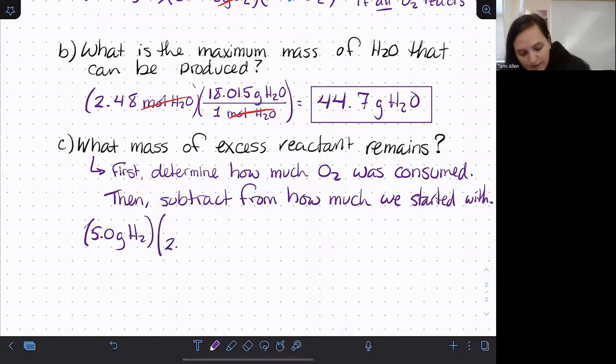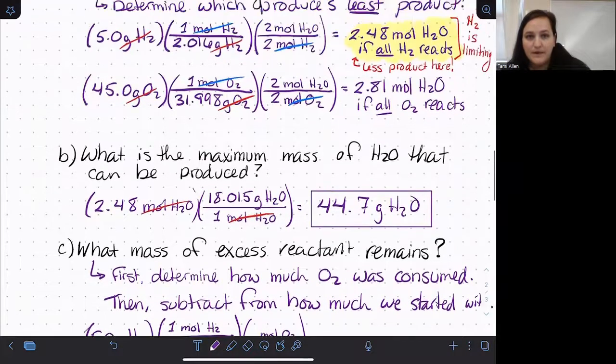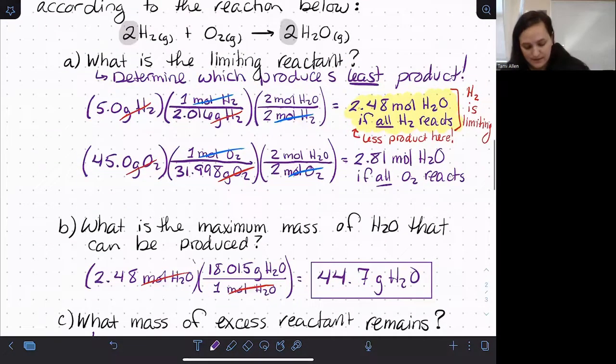And we're looking to find how much O2 is needed to react with that. So first thing, as always, is convert to moles using the molar mass. Then we need to convert from moles of hydrogen into moles of oxygen. So moles of oxygen is going to go on the top, moles of hydrogen is going to go on the bottom, and we're going to fill that in with our coefficients from the reaction.